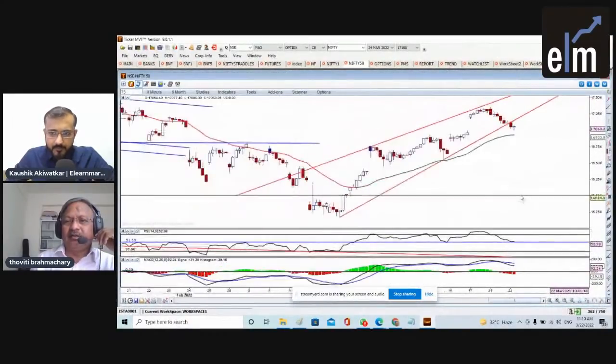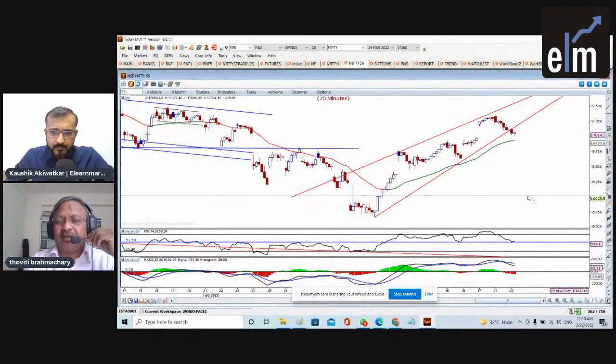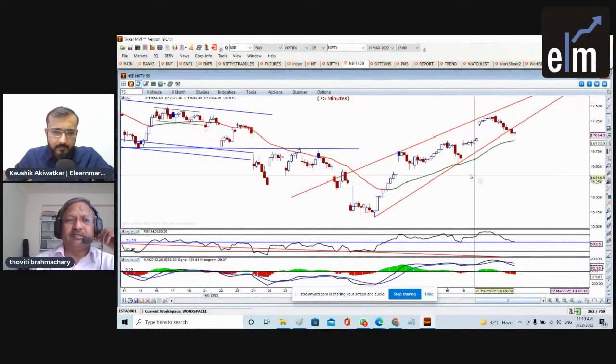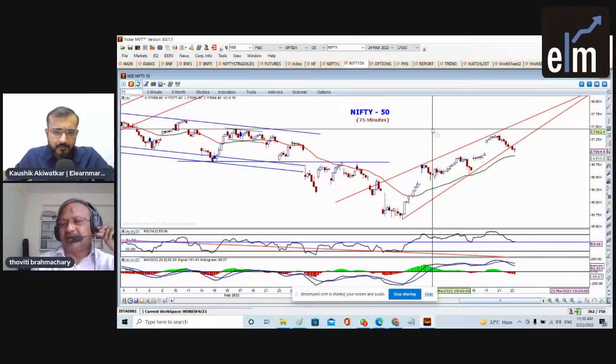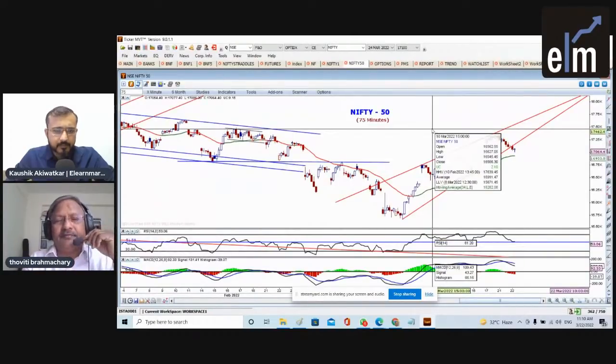Now come to a little positional analysis. Today morning it has broken down. This is a 75-minute chart. Why I am using the 75-minute chart is important to know. Our trading hours are a little more than 6 hours, which is not divisible into 60-minute charts, because the market opens at 9:15 and closes at 3:30.